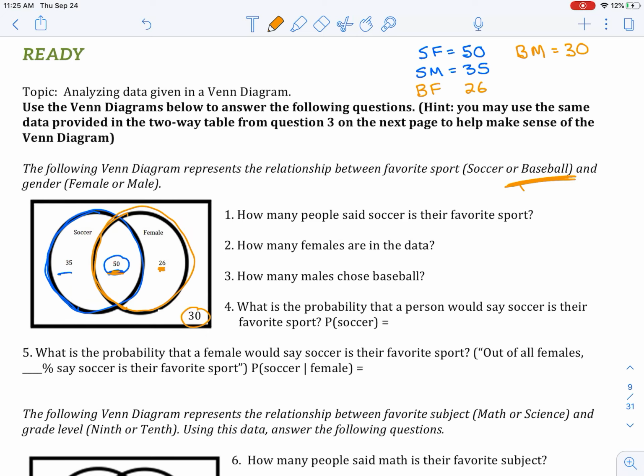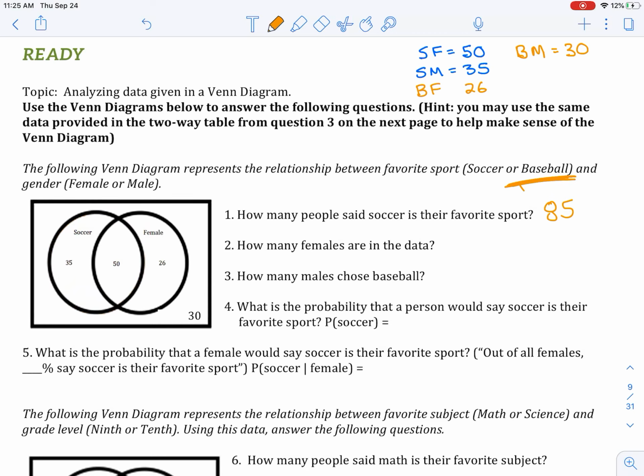So how many people said soccer is their favorite sport? Well, I would look at my soccer circle and add the numbers together. 35 plus 50 is 85. Remember, just type the number 85, so GoFormative recognizes it. You don't need to write 85 people. How many females are in the data?